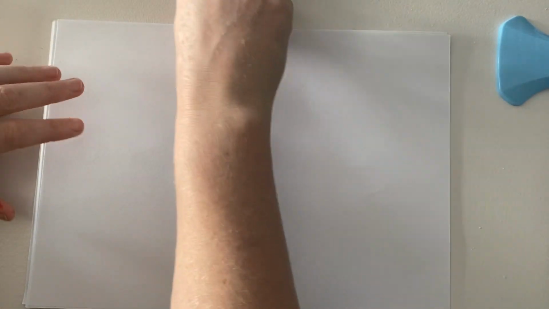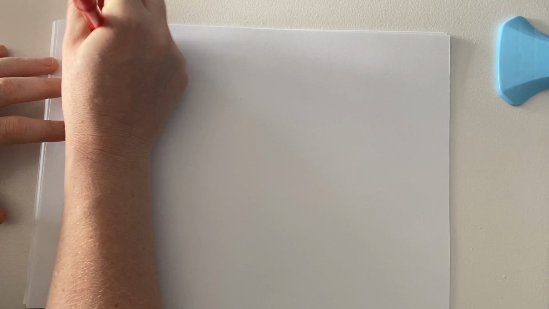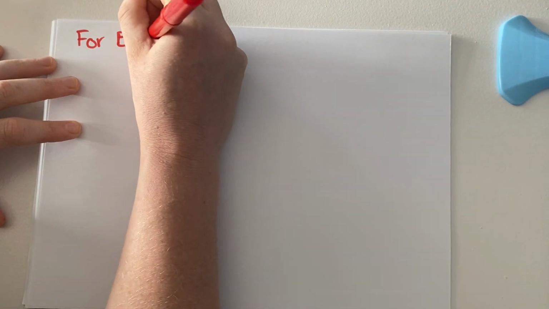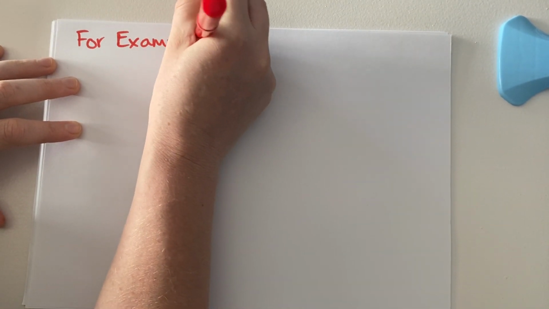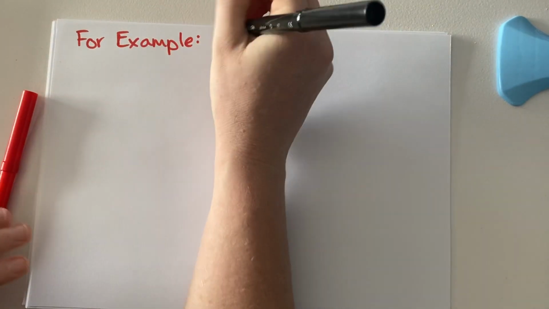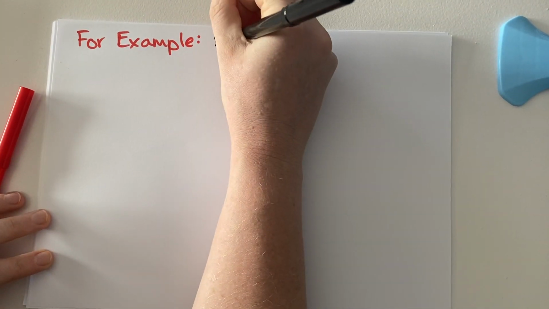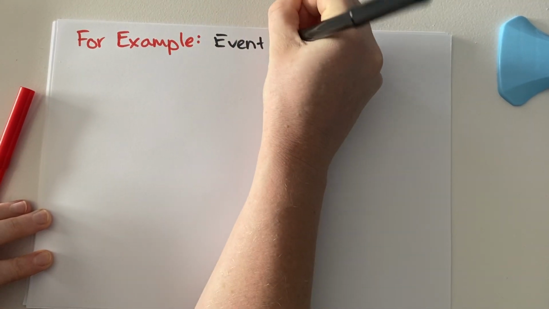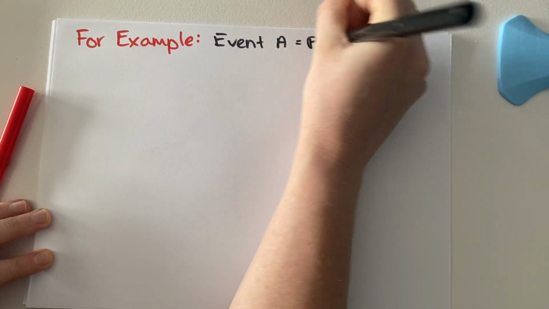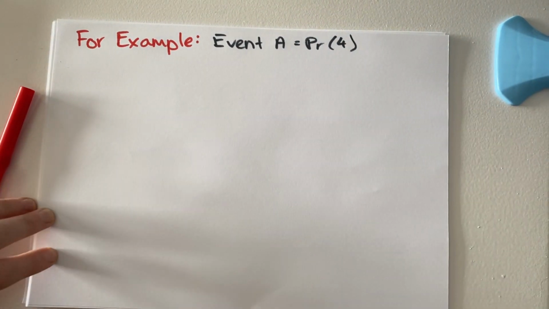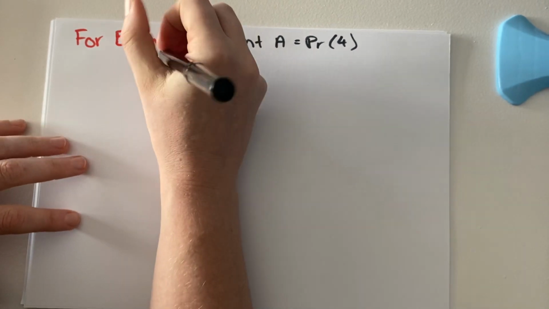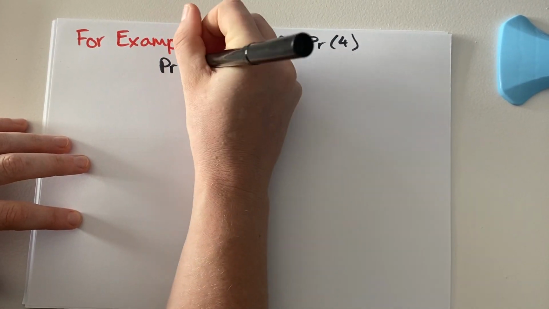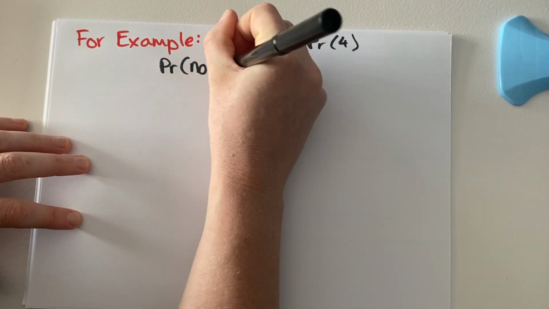So, for example, let's say event A is the probability of rolling a 4. So the complement of that would be probability of not 4.